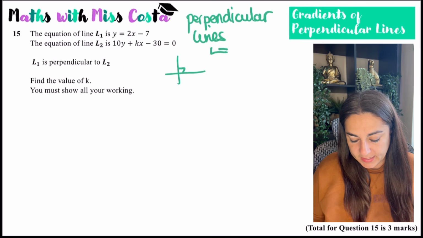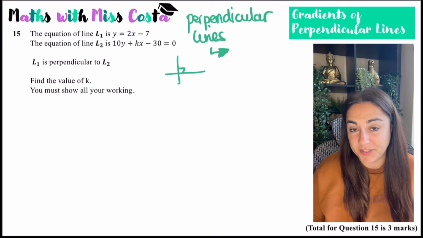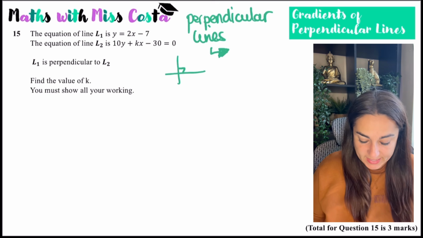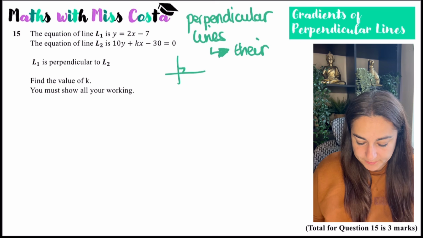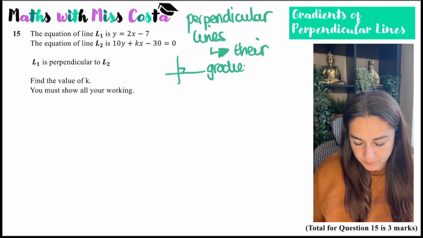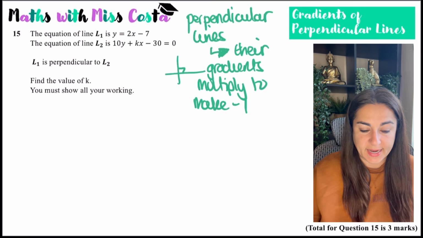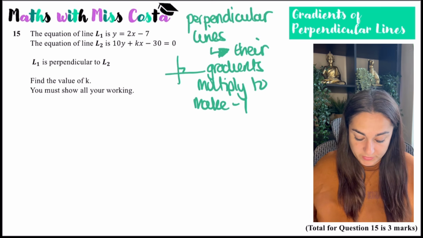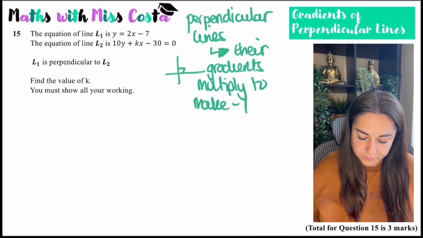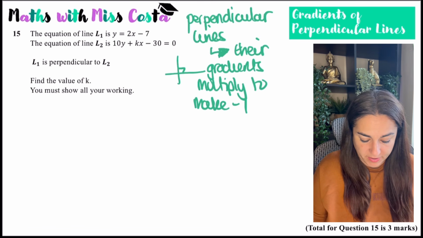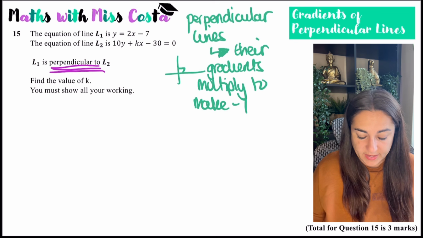So perpendicular lines, there's a special property they have, which is their gradients multiply to make -1, or their gradients are negative reciprocals of one another, whichever you prefer.